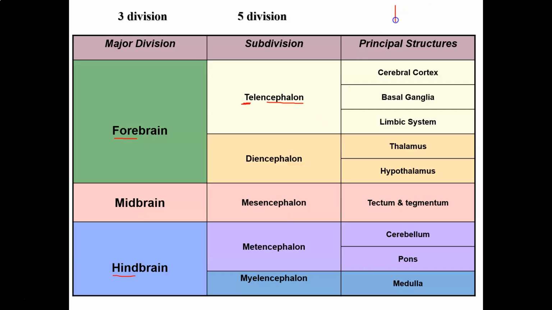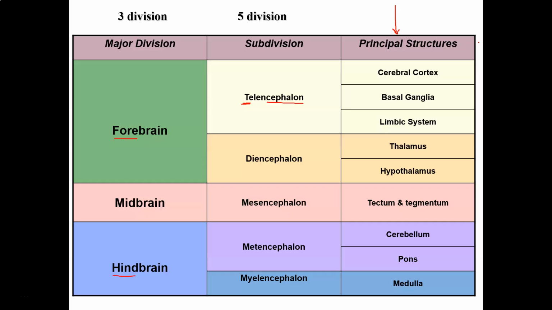Okay, we're going to be focusing on this last column here. So I would recommend that you create a chart of your own with these principal structures. And if you want to include the major division and subdivision, you can. But then you want to have a column to the right of the principal structures that focuses on their functions.